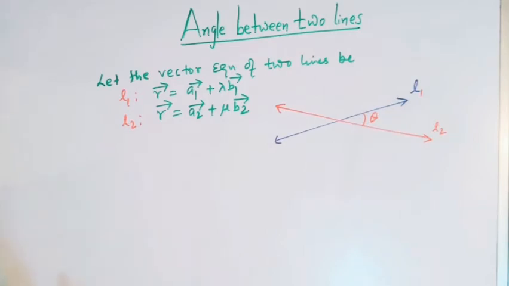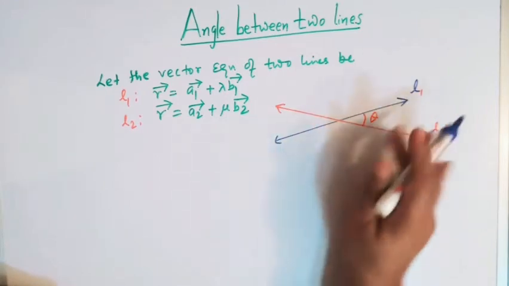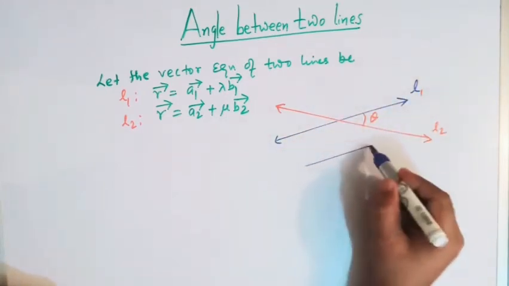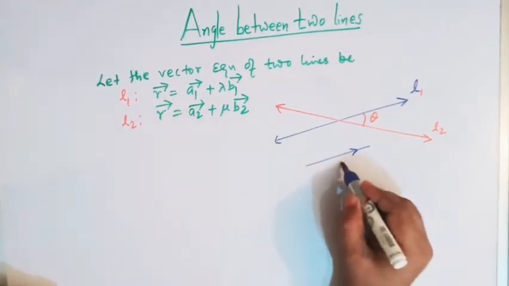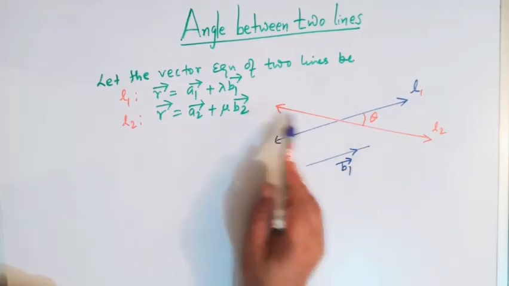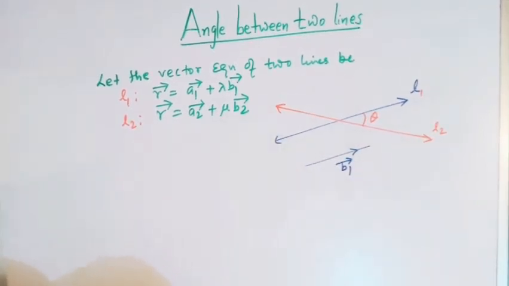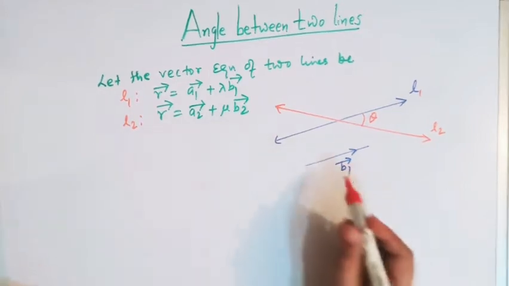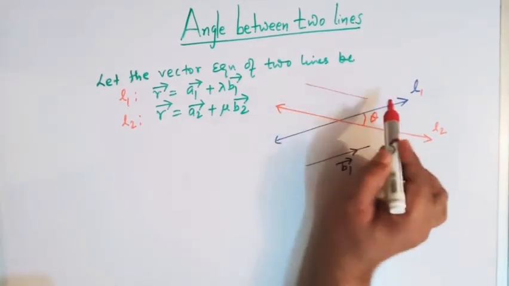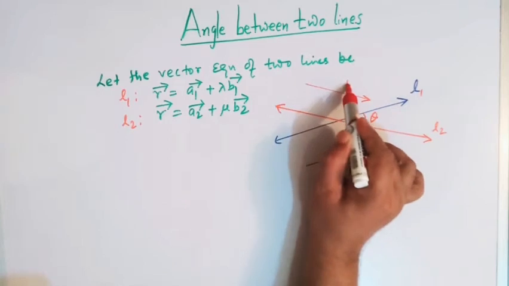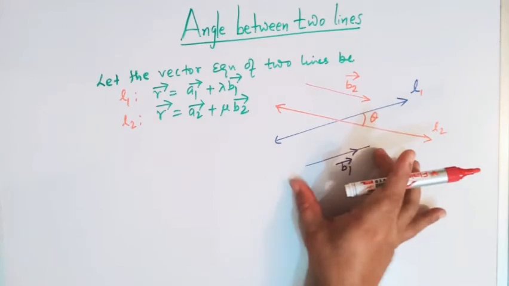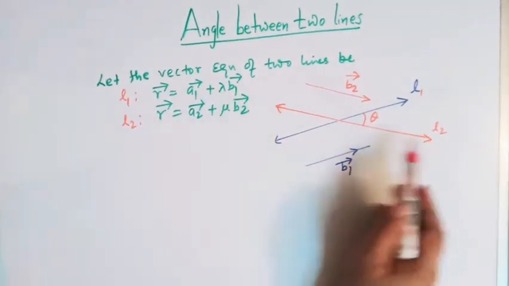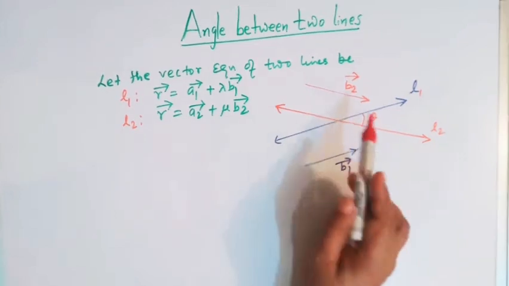Now viewers, we know that this line L1 is parallel to the vector b1, and this line L2 is parallel to vector b2.